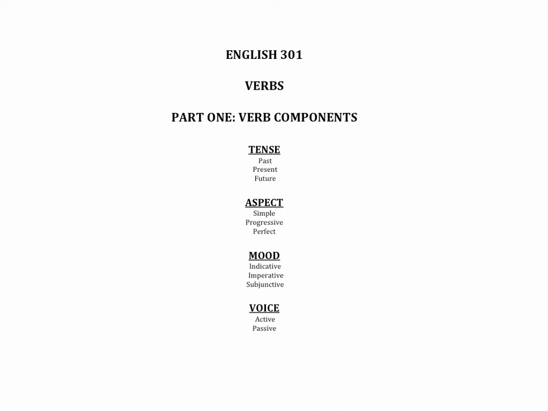First, we need to talk about tense. I am sure that you all know what the tense of a verb is, or what that word means. If you look to the definition on page 13, we see that tense is defined as the time, or the when, of a verb.